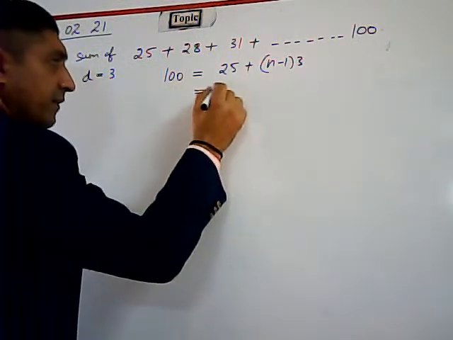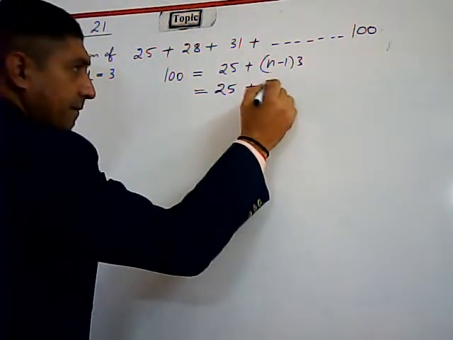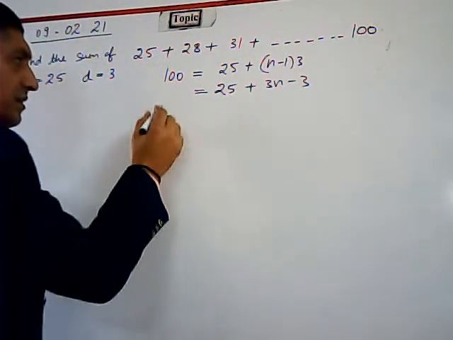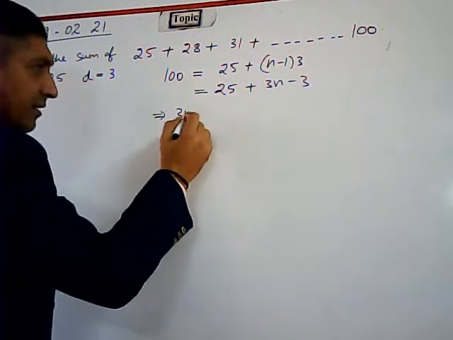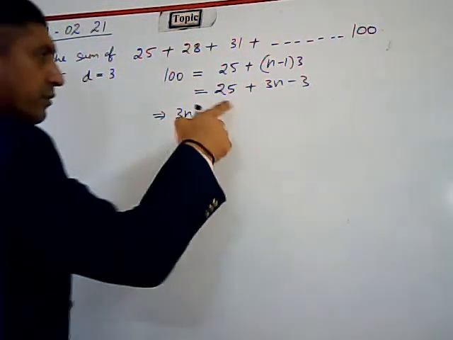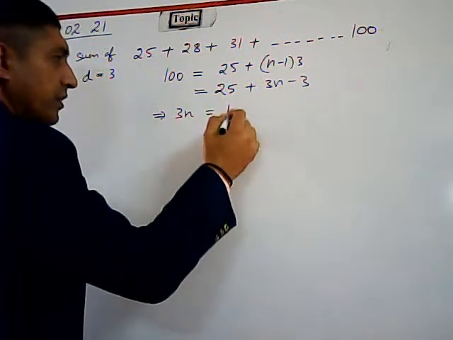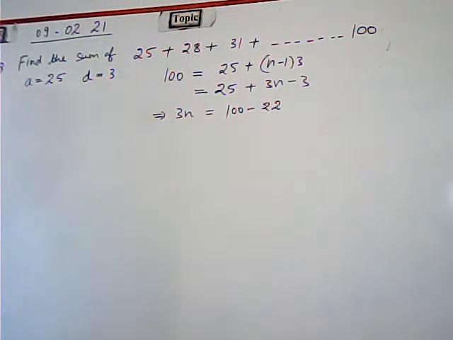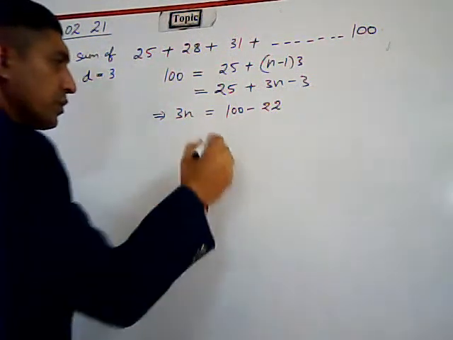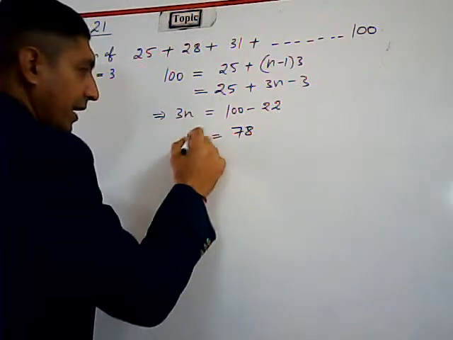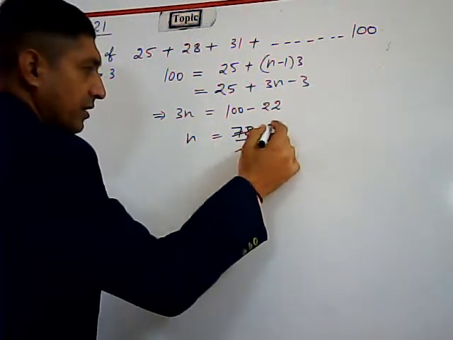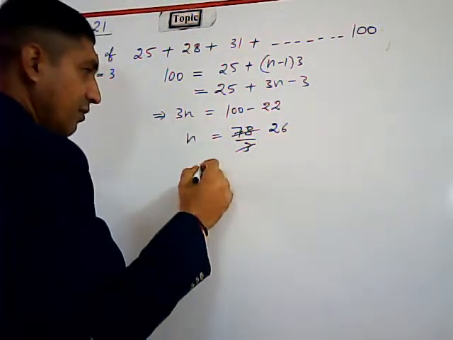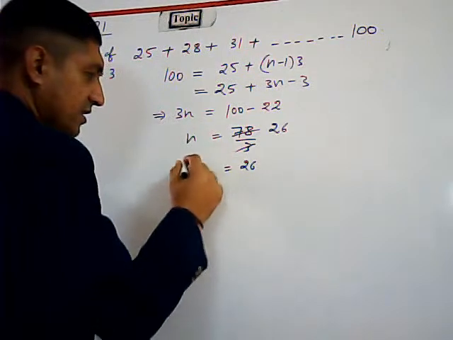So here we have 25 plus 3n minus 3, right? So this implies that 3n is equal to, so we have 22, so 100 minus 22, right? This is 100 minus 22, so that is 78. n is equal to, 3 twos are 6, 3 sixes are 18. So value of n is 26.